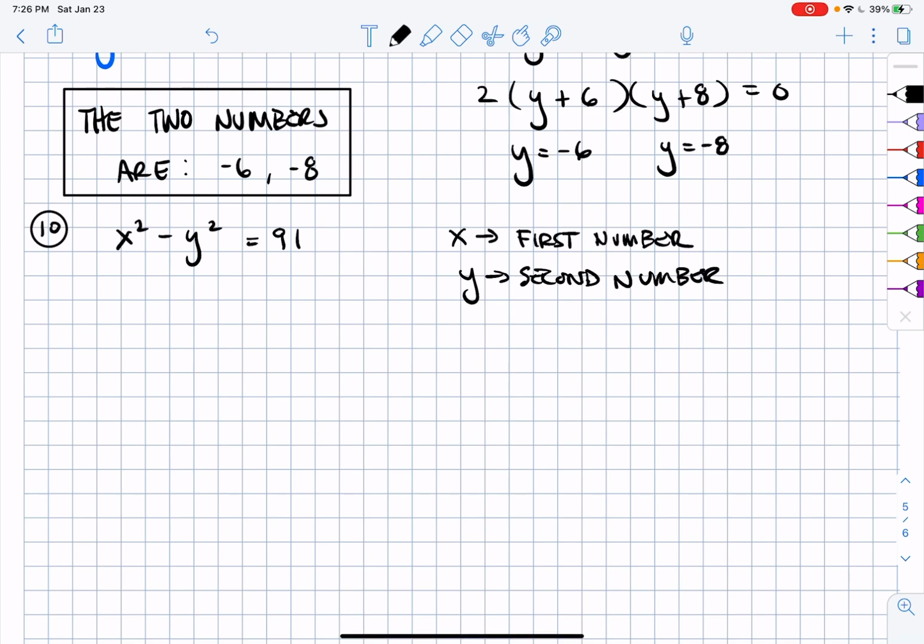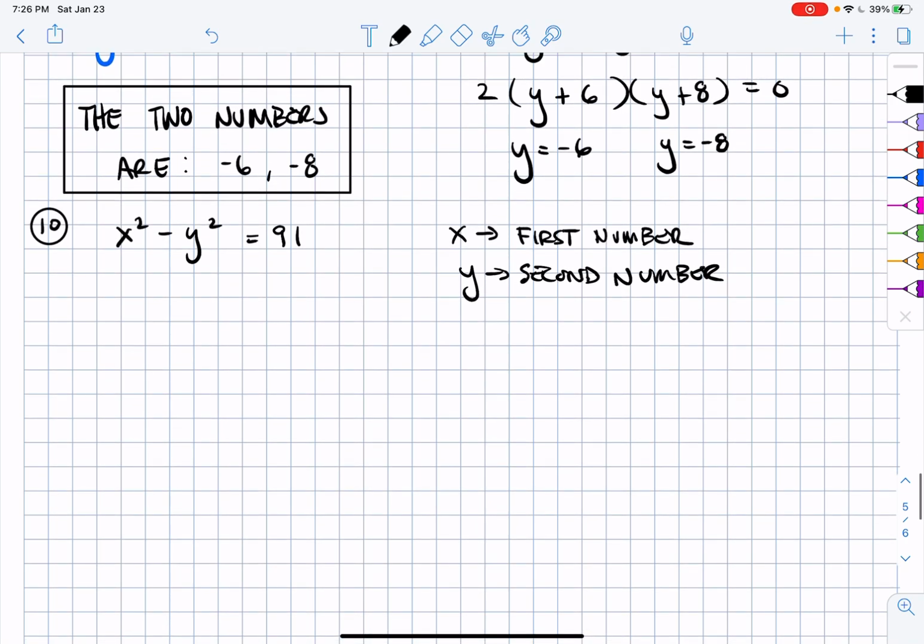Okay, so if that's the case, then the second one says twice the square of the second number. So if the second number is y, twice that, twice the square.